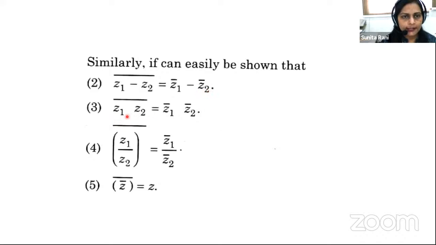In the same way, for z1 times z2 you can find z1 bar times z2 bar. And the division, conjugate of z1 by z2, is equal to z1 bar by z2 bar. And the last one is the conjugate of the conjugate of z: first take the conjugate of z, then conjugate again, we get the same complex number.